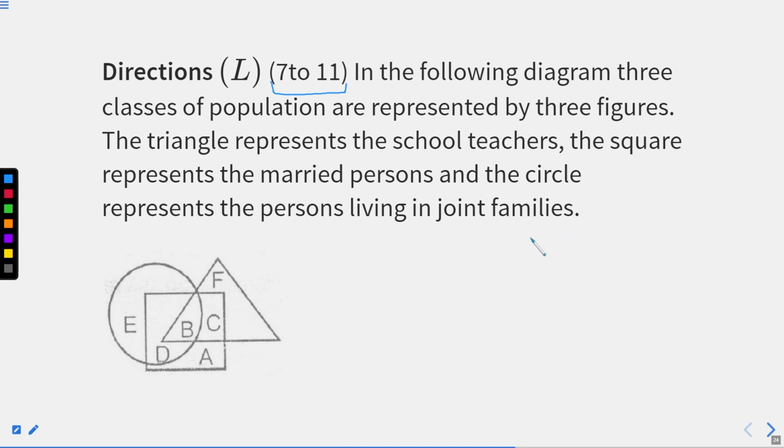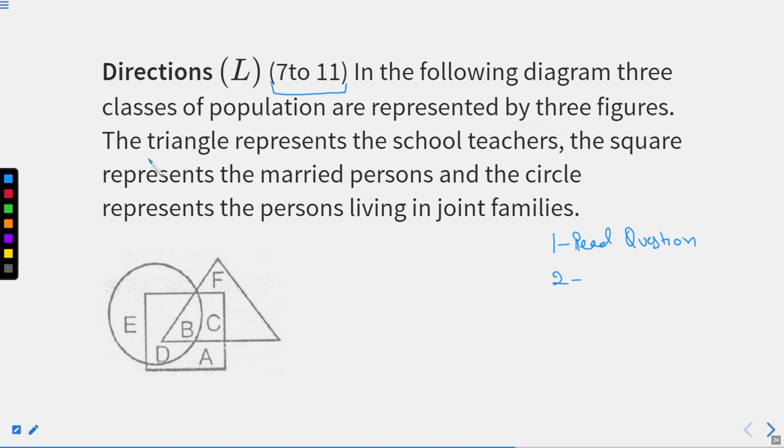I will write it here itself, right? The first thing is read the question. Second thing that I'll tell you: in the following diagram, three classes of population are represented by three figures.